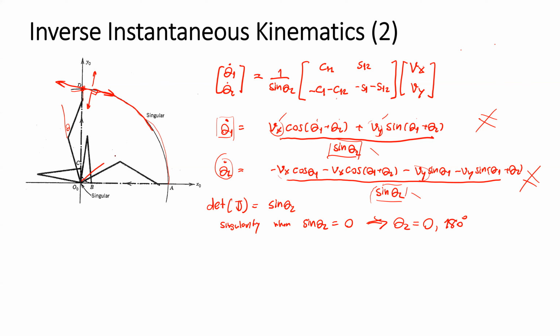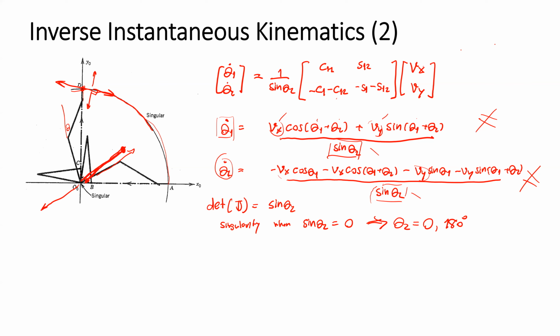Also, when theta 2 is 0, it means the arm will bend like this. We cannot create the velocity along the radial direction if theta 2 is 0.